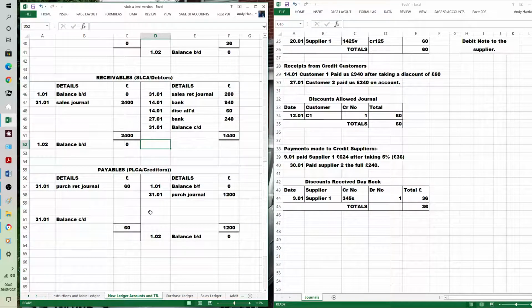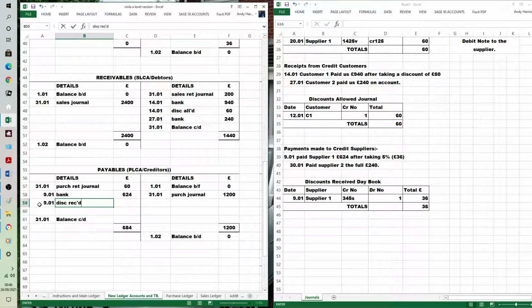So our payables isn't yet showing the fact that on the 9th of the 1st we paid bank 624, and therefore got discount of 36, and on the 31st bank. Of course, even better if you write it in better detail, which is always better, but I'm trying to minimise the entries.